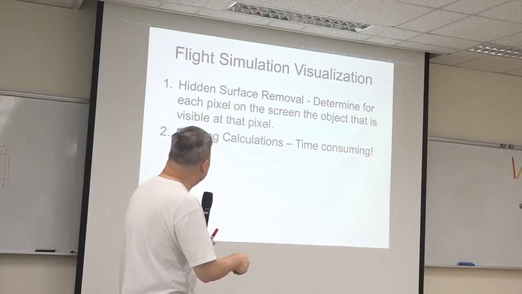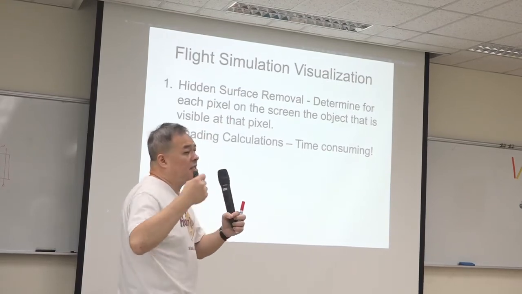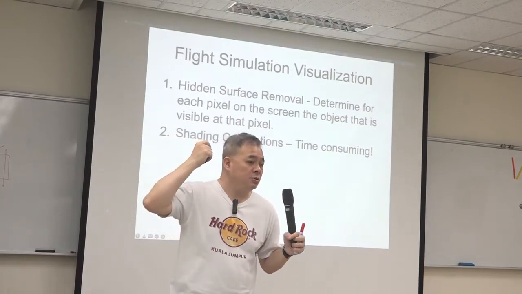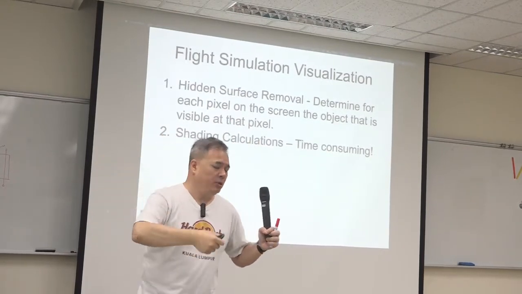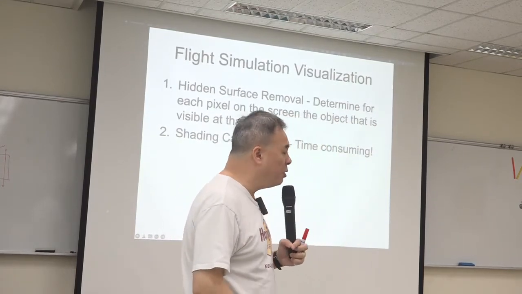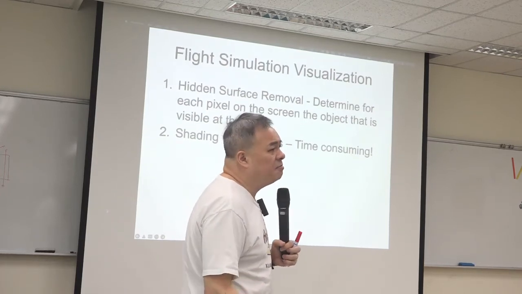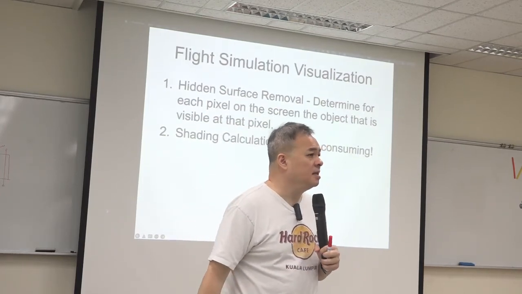We need to determine for each pixel on the screen the object that is visible at that pixel. And that viewpoint, as I said, could be arbitrary when you fly the airplane. This similar concept appears very commonly in game playing.